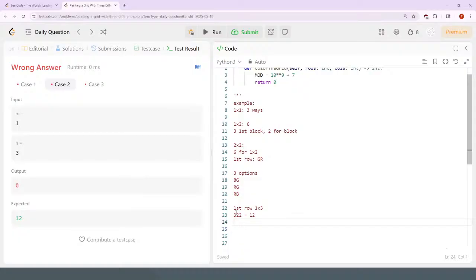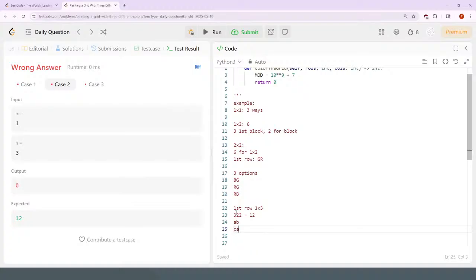So let's arbitrarily say that A, B, C are the three colors. So it's A, B, and below the A is either B or C. So let's say it's B. No, let's say it's C. Because this is C, you cannot have C here, and you cannot have B here.